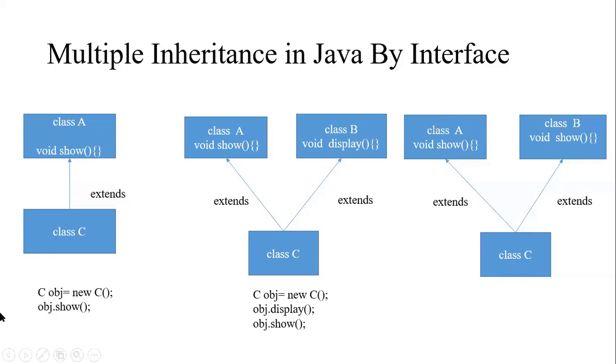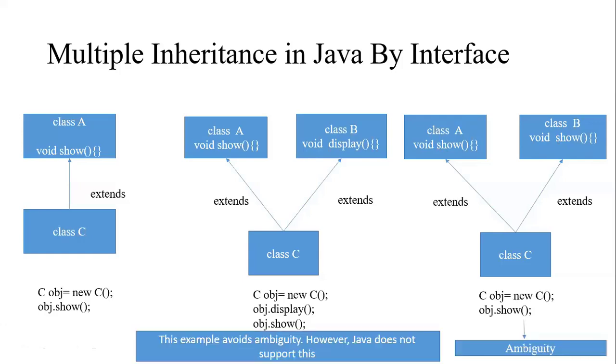So this is the reason why Java doesn't support multiple inheritance. We have already discussed this problem, but we are just doing a recap. Because there is ambiguity in one of the cases, it won't support this multiple inheritance concept, correct?